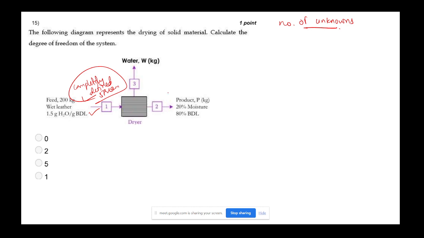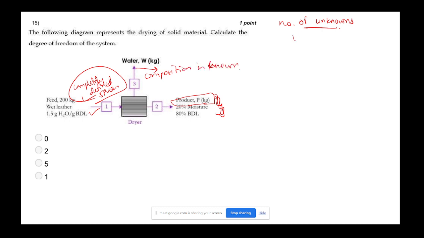So it separates into two parts, which is water, which is evaporated, and then you have product P. Now for the product, you know its composition, but you do not know at what flow rate it is coming out. Since water is evaporated, leather cannot be evaporated, so the composition is known here.